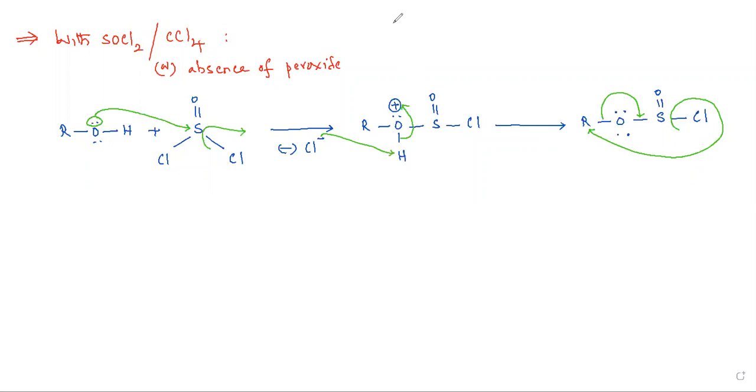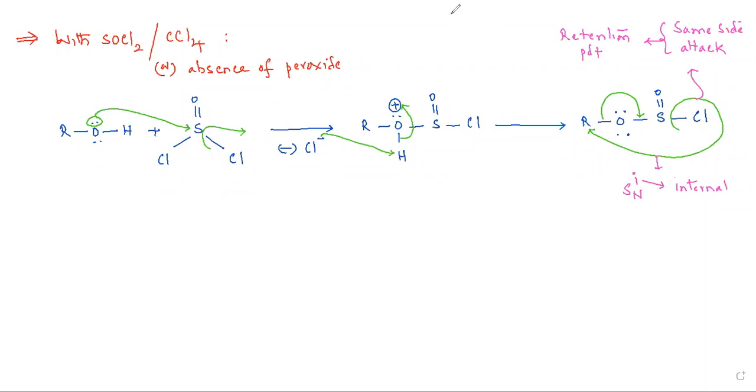So this, of course, is known as SNi, where this i stands for internal. The attack here is the same side attack. Now the same side attack gives us a retention product.